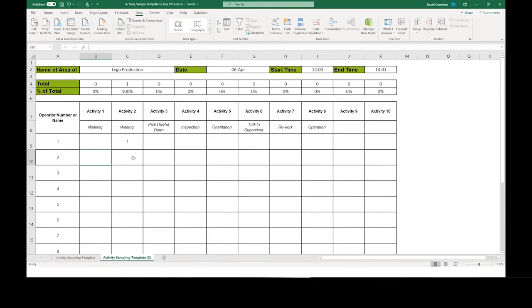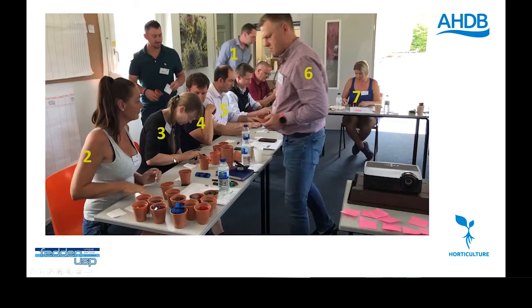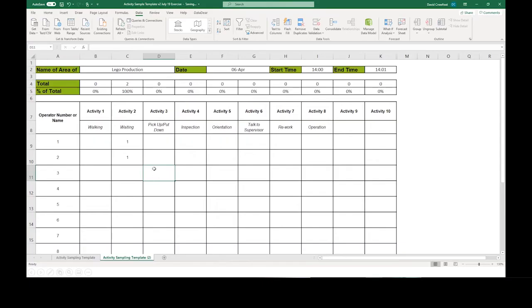Yeah, I think probably waiting is fair enough. So we now have Alex as number 3. Alex, was it inspecting? Let's have a look. It looks a bit like inspecting, doesn't it? So let's go with inspecting.